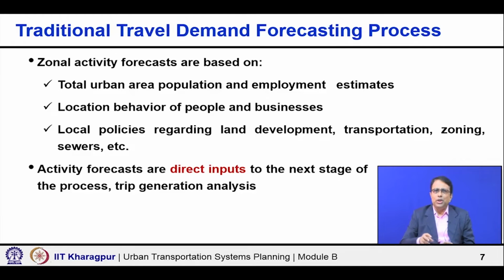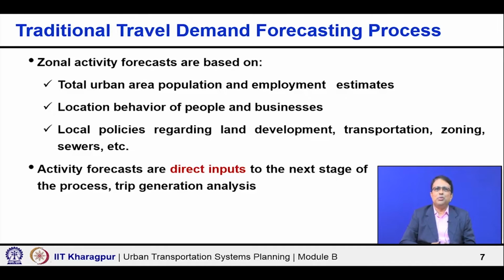Then how they will get distributed in different areas depends, obviously, on the location behavior of people and business: where, and which are likely to be more preferred destinations for locating a business house or a particular type of industry, or where people would naturally prefer to live at the end of the day as residence locations, right.